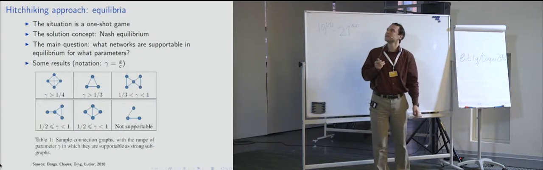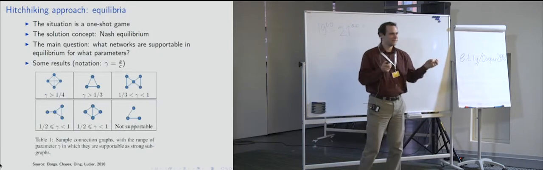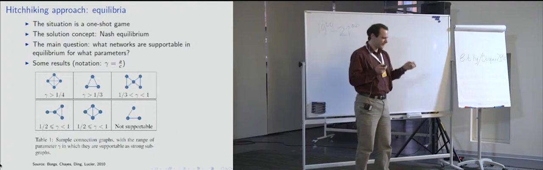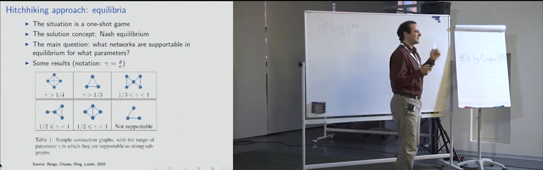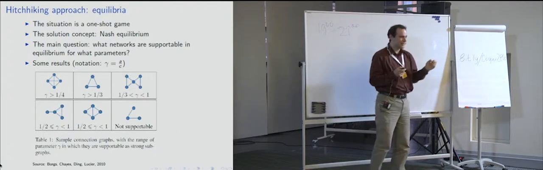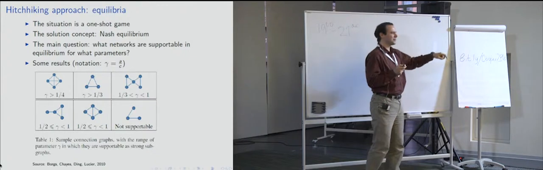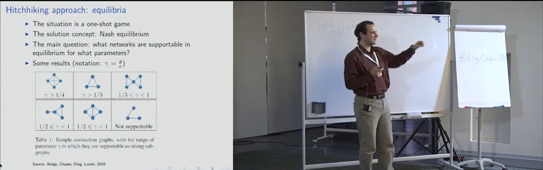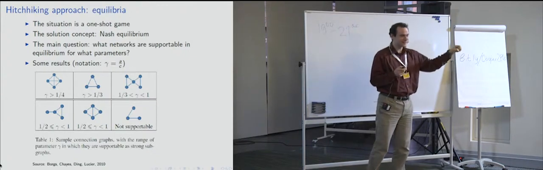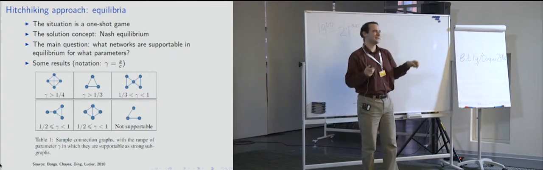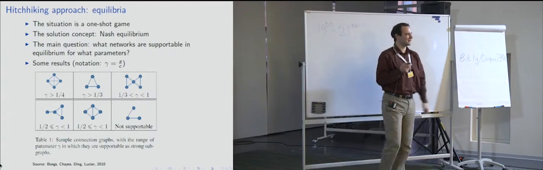So first, what's the game? The strategy of an agent is a set of gatherings together with rates. They independently choose these sets, and after that, a network is formed, and they receive their profits.